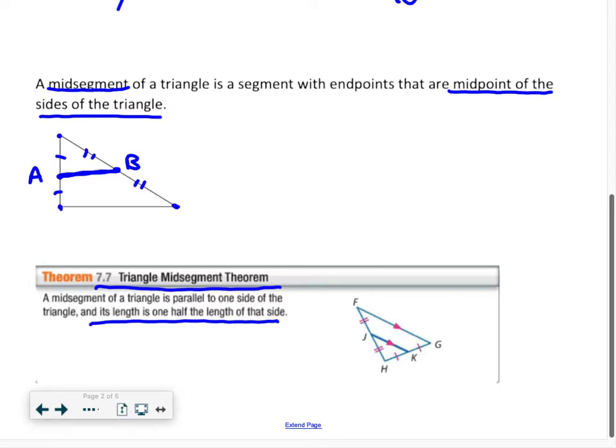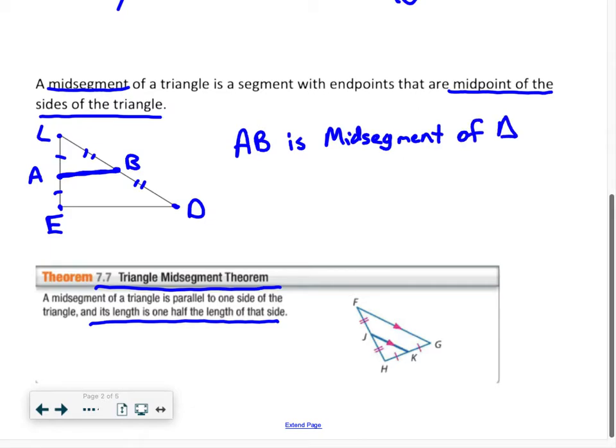So if we're using this triangle here, let's call it CDE. Okay, so AB is the mid-segment of triangle CDE.